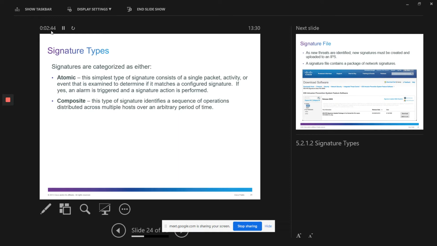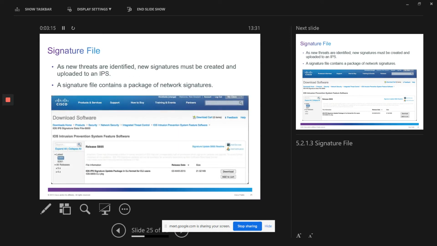Whereas with composite, you are looking at a sequence of packets, and you have some sort of rules which look at that sequence and try to find out whether this is a legitimate communication or some sort of malicious attack. Okay, so if it's a single packet, it's atomic. If it's a series or multiple packets or a sequence of operations, then it's called composite.